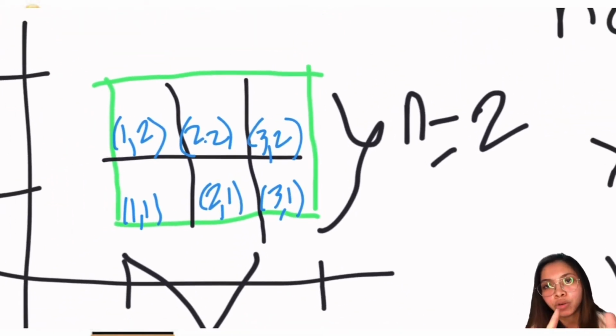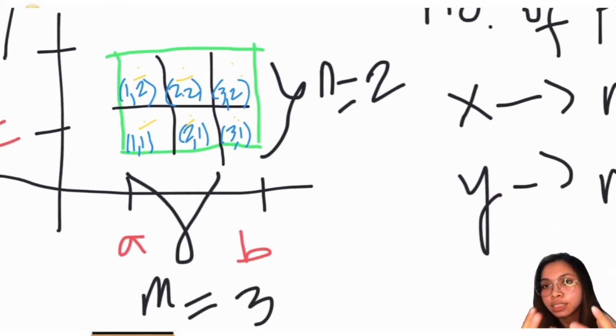So here are the points for every rectangle. Here is the point for rectangle 1,1, 1,2, 1,3. Next is 2,1, 2,2, 2,3, 3,1, 3,2.